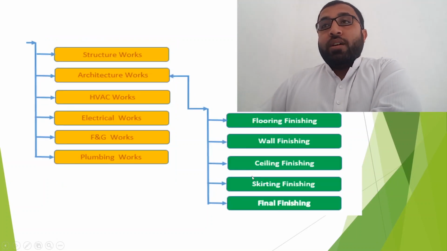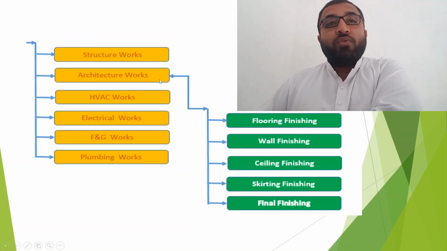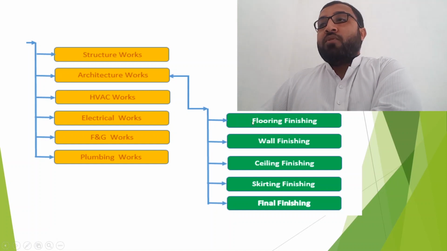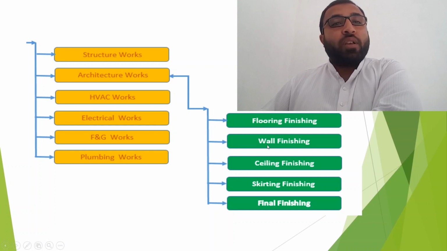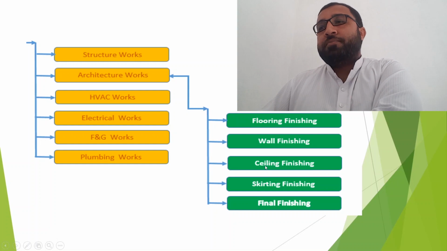Then under the architecture works, we are going to subdivide into flooring finishing, wall finishing, ceiling finishing, skirting finishing, and final finishing. All the works that are related with the floor will come under the flooring finishing. All of the activities which are involved with the wall will come under the wall finishing. All of the activities involved with the ceiling will come under the ceiling finishing.